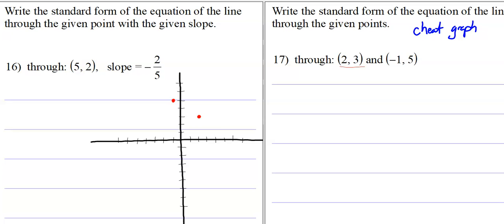It looks like we are dropping 2, and then we're going over 1, 2, 3. So I have a line cutting through, and this one looks kind of weird. Because I can't really just cheat and look at my intercept.